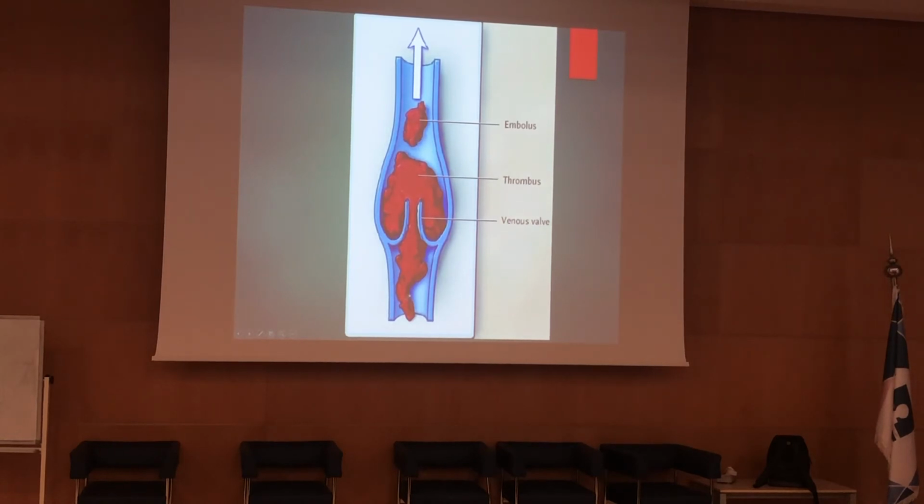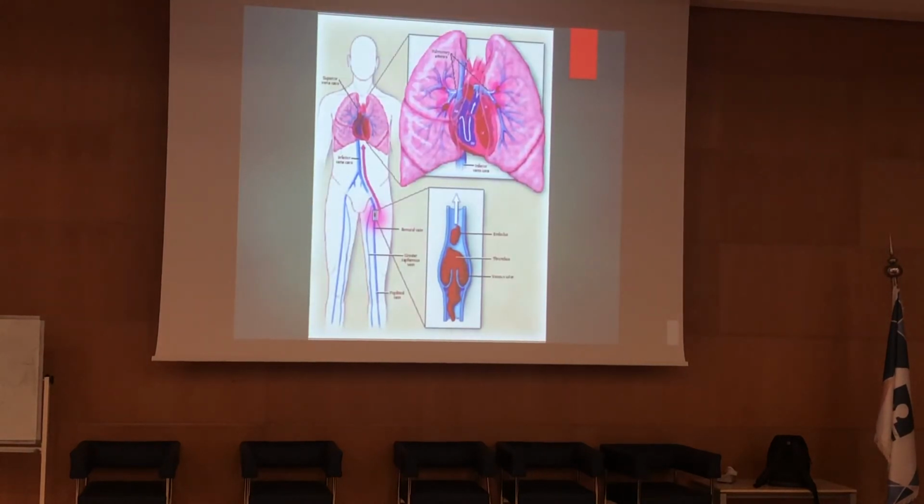So where will this thrombus travel to? To the right atrium, then the right ventricle, then it goes immediately to the pulmonary circulation, and they will have pulmonary embolism. So this is the feared complication.